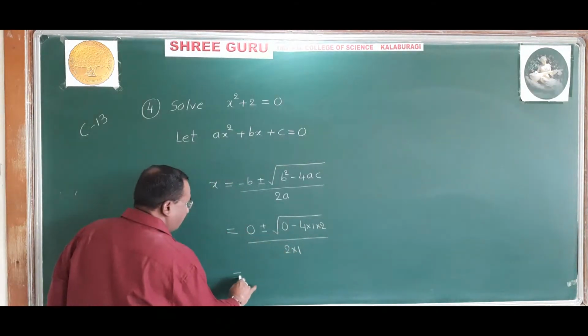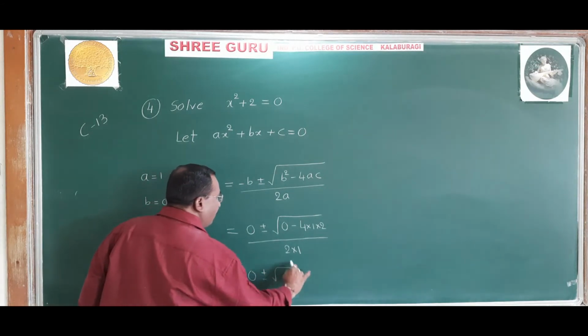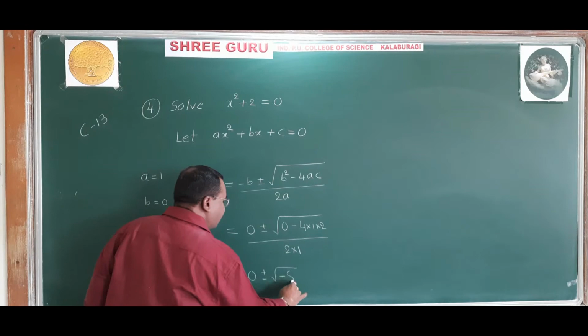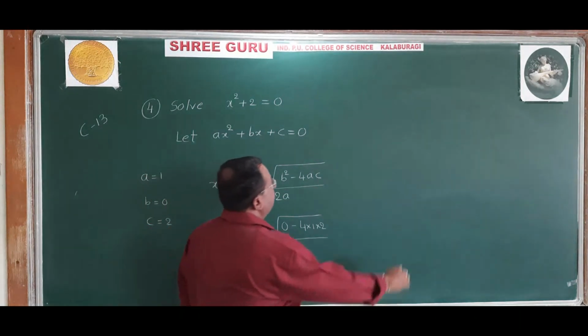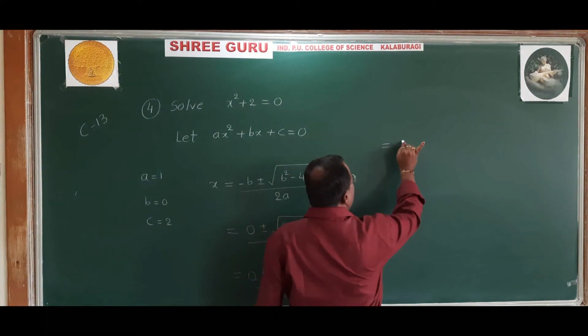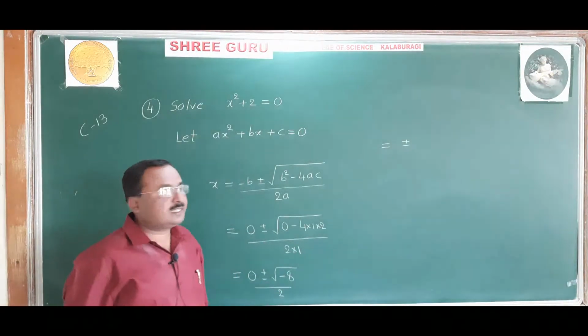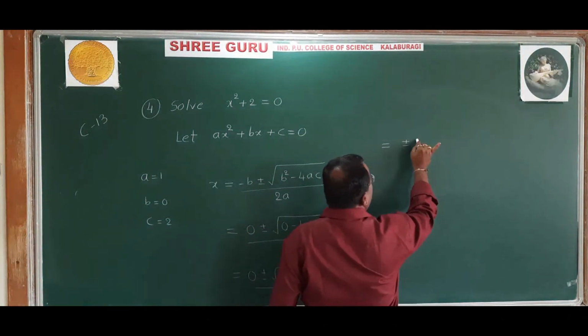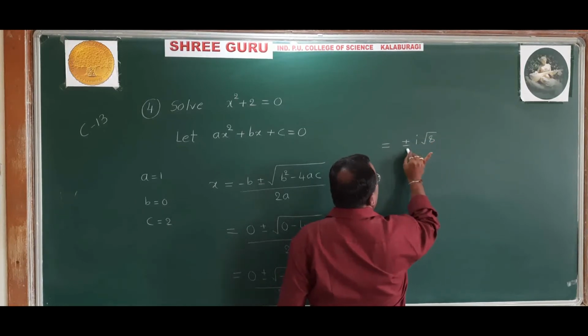That is 0 plus or minus square root of 4 2s are 8 divided by 2. Plus or minus as it is. Root of minus 8 is there. If minus is taken outside, that is i root 8 divided by 2.